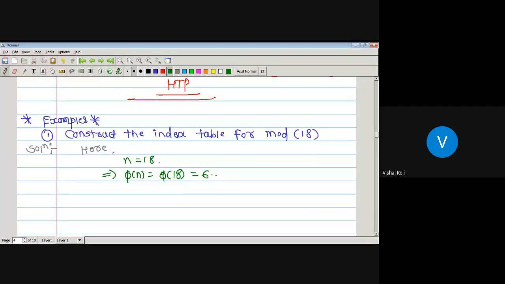And in last lecture we have proved, or we have found out, 5 is the smallest primitive root of 18. Since the 6 integers which are relatively prime to 18 are nothing but 1, 5, 7, 11, 13 and 17.